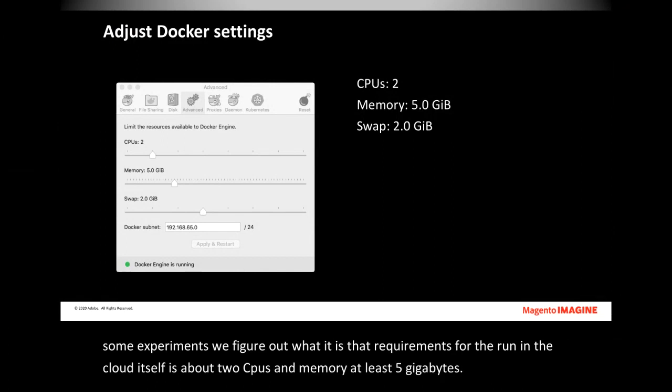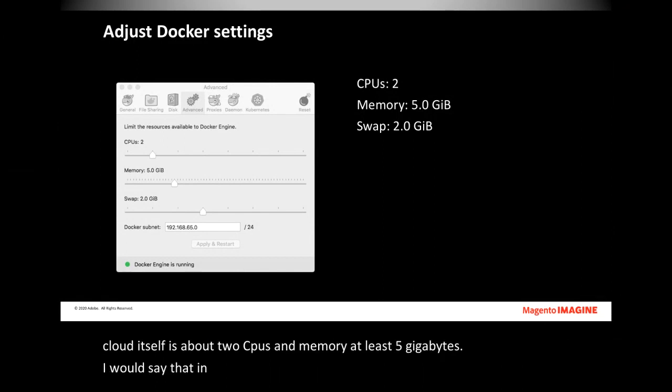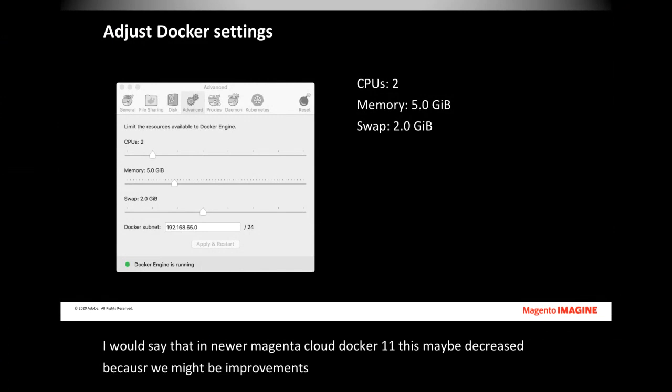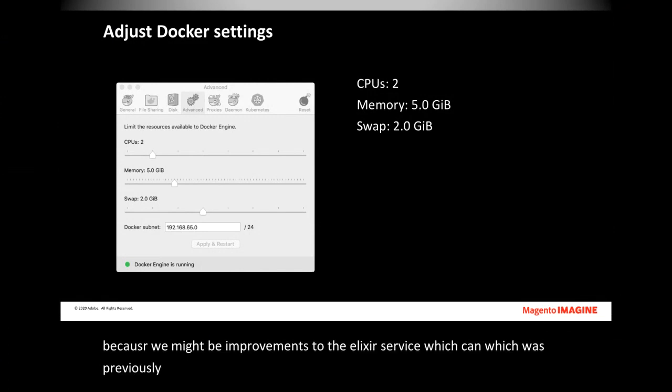I would say that in the newer Magento Cloud Docker 1.1, this may be decreased because we made big improvements to the Elasticsearch service, which previously required at least 1 gigabyte of RAM, but I think it should be much less in the new release.